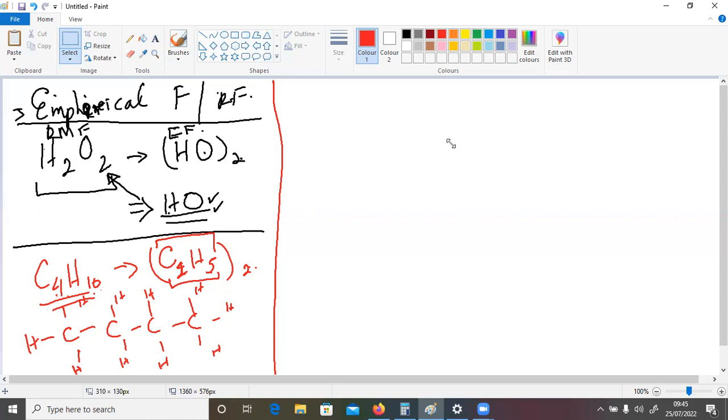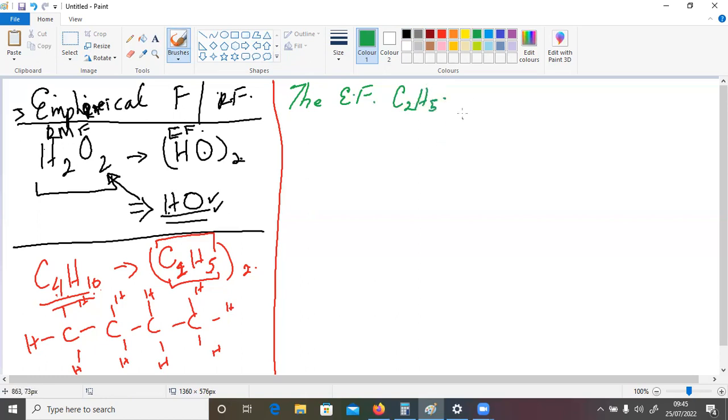The empirical formula of a molecule is this one. Consider this one. The empirical formula for a compound is written as C2H5. And these are typical exam questions, okay?